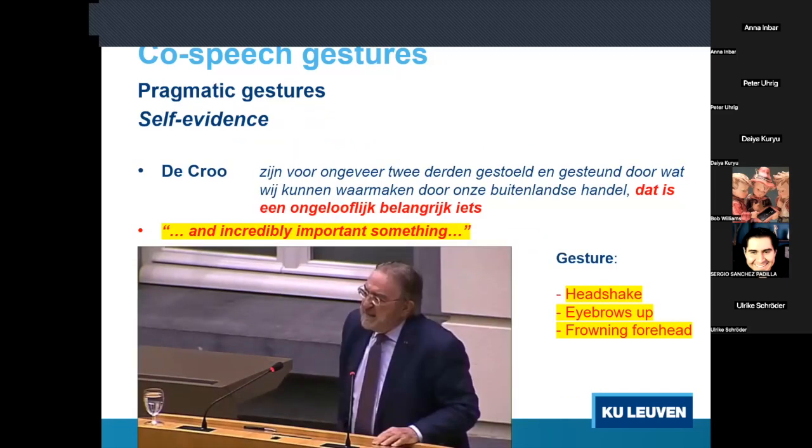Another type of gestures are co-speech gestures, or pragmatic gestures. They do not represent new content, let's say, but some, for instance, a stance or how people look at a certain content. Like in this case, this politician says that establishing these international trade agreements is incredibly important.